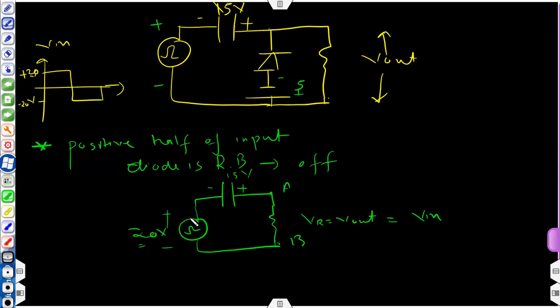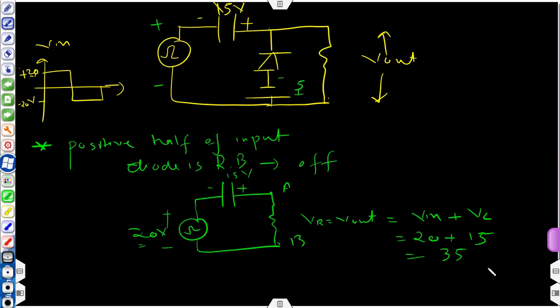Now these are of same polarity, minus plus minus plus, okay, so V in plus VC. V in is plus 20, VC is 15 volt, and 20 plus 15 gives you 35.